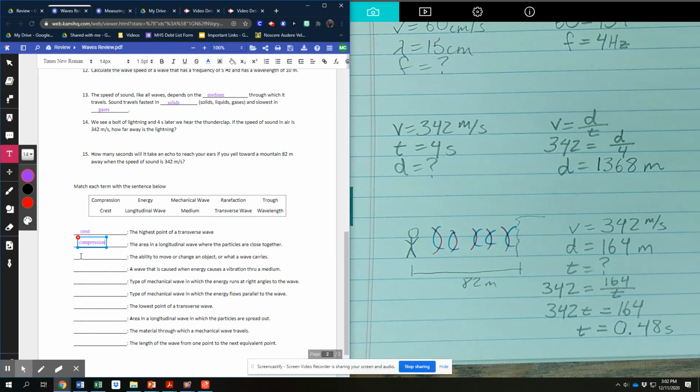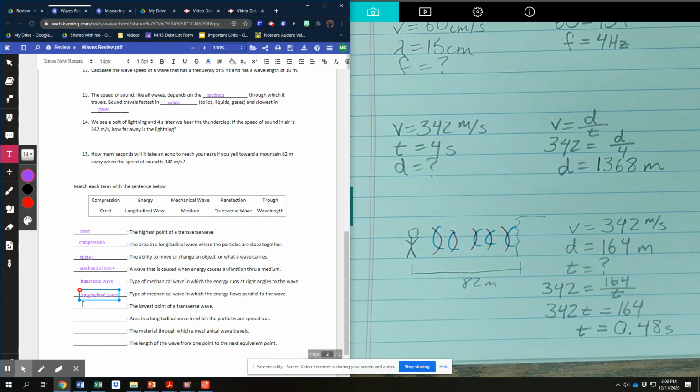The ability to move or change an object, or what a wave carries, energy. A wave that is caused when energy vibrates through a medium. This is a mechanical wave. The type of wave, or mechanical wave, in which the energy runs at right angles, transverse. Type of wave in which the energy is parallel, so side to side. So this is a longitudinal wave.